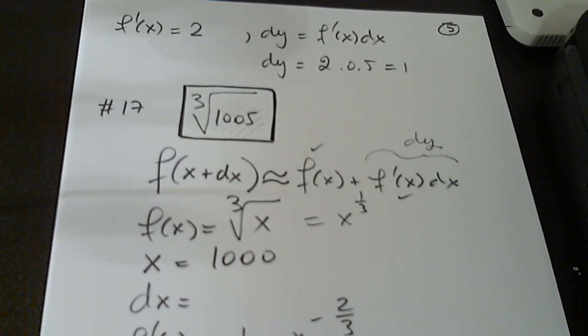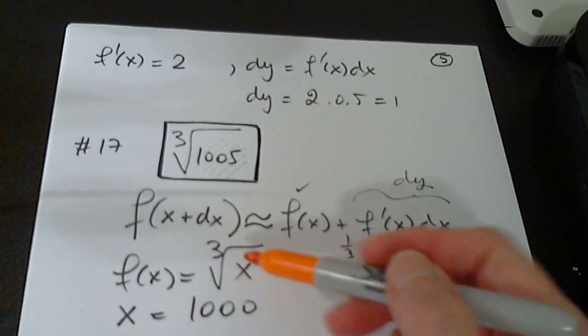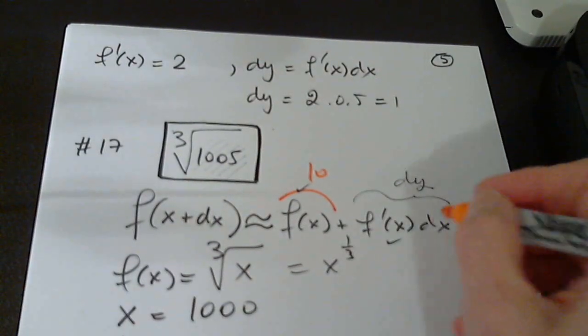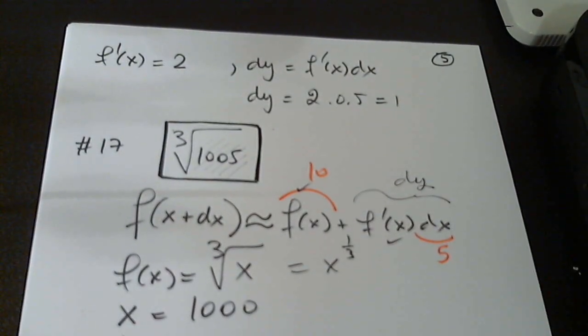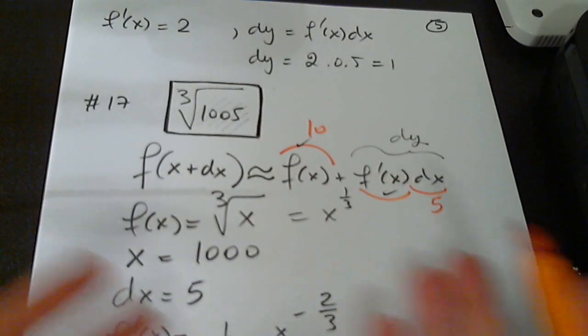What about the error? Remember, the error can be positive or negative. What is the error then? It's a silly question. Of course. So I have everything. I'm done. So the cube root of x, which is the cube root of 1,000, is 10. The dx is 5. All I have to do is plug in 1,000 here and determine this number, and that's it.